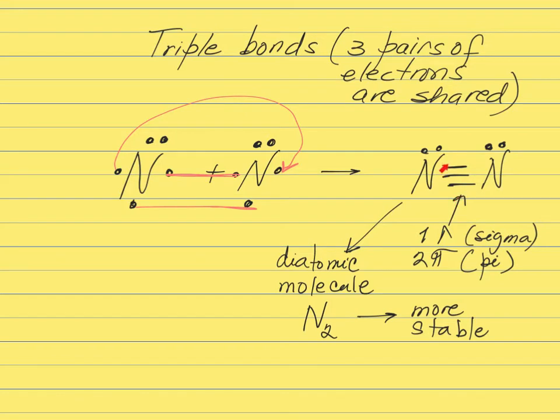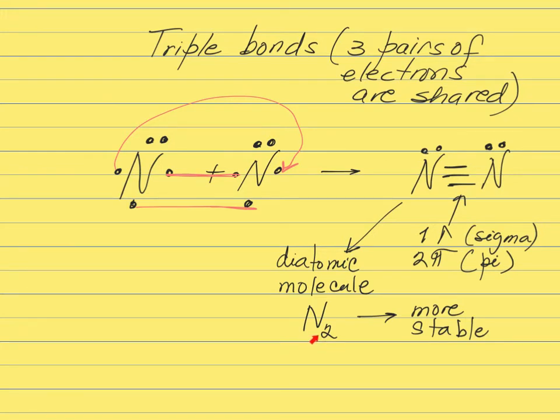In this case, you have a triple bond because 3 pairs of electrons are shared. One of the bonds is a sigma and the other 2 are pi. Do you have a compound over here? You don't have a compound. You have a diatomic molecule, and you write that with a subscript. It's a molecule made of 2 atoms of the same element.